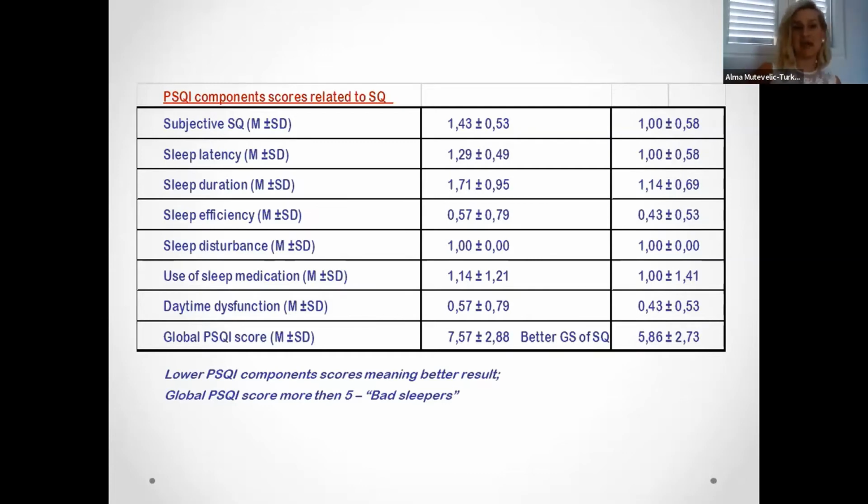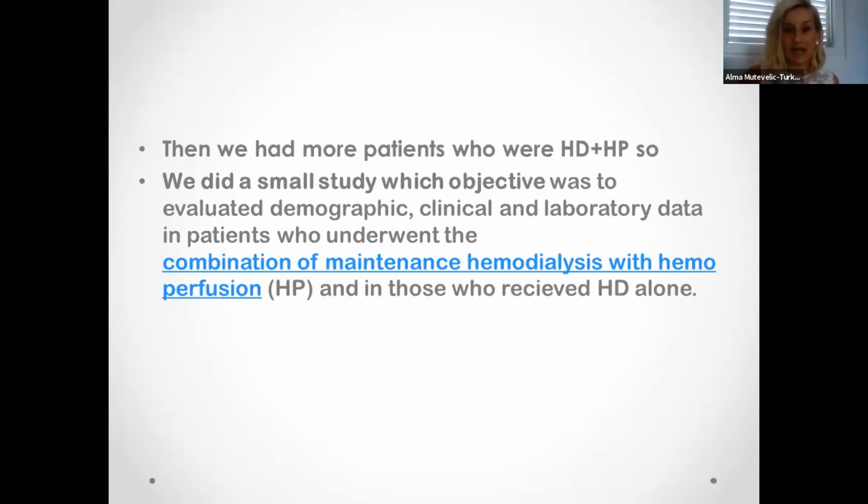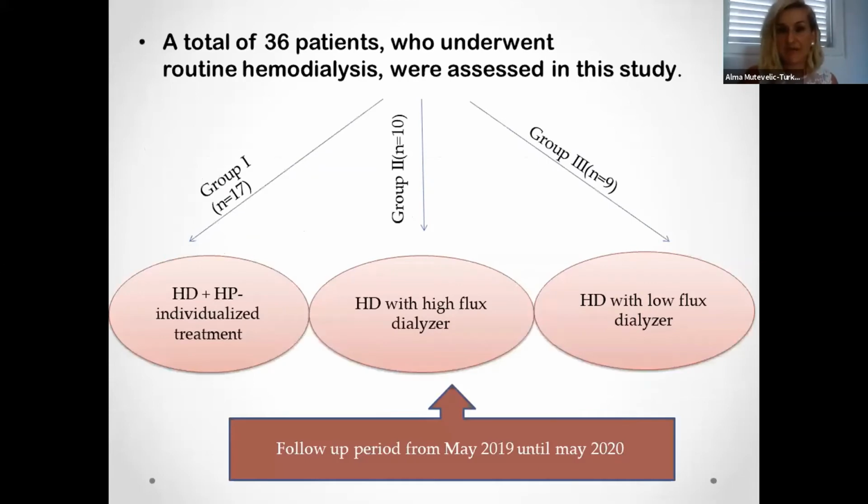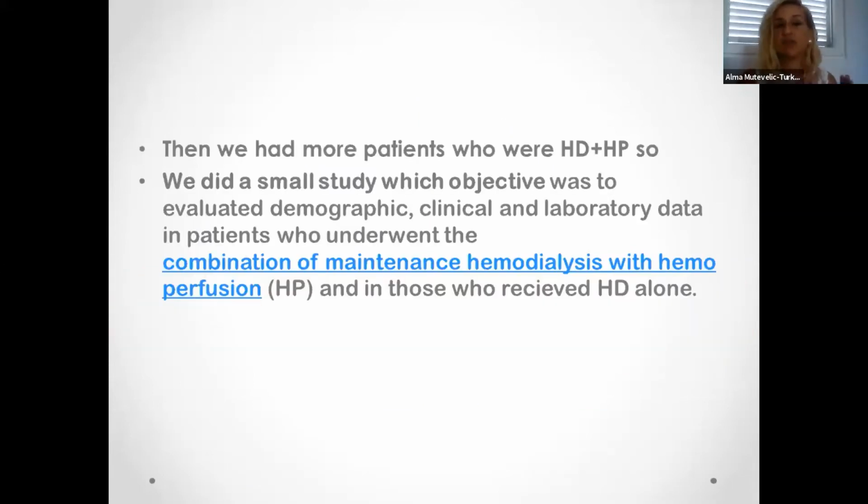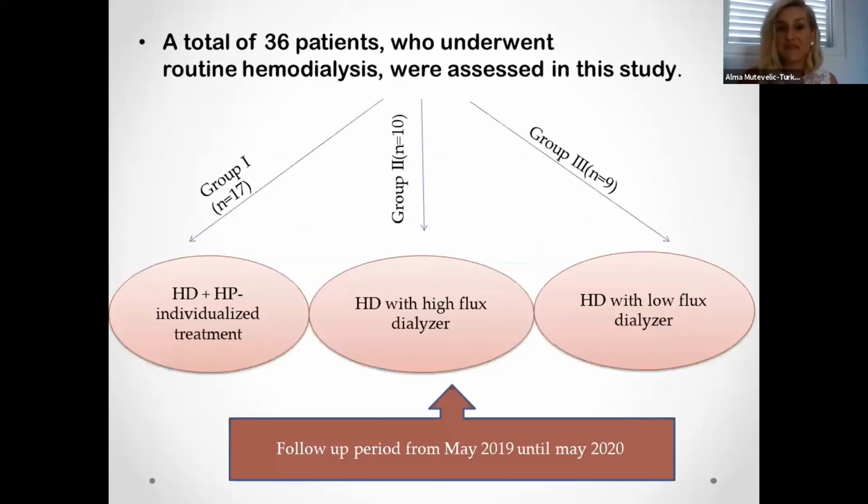As time passed and as we had more cartridges, we were able to include more patients who received this hemoperfusion. As I said earlier, until the end of last month, we had a total of 70 patients. So we took those 70 patients and compared their sociodemographic, clinical, and laboratory characteristics before and after applying hemoperfusion, and we also compared them to the other 2 control groups, and we followed them up for a period of time.